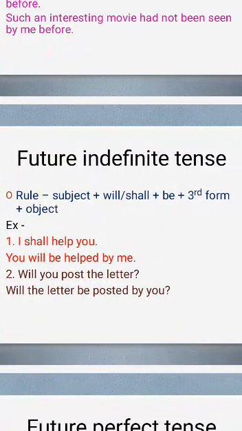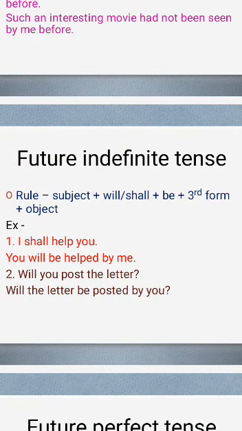In this tense, the rule is subject plus will be or shall be plus third form plus object. For example, I shall help you. When we change into passive, we write you will be helped by me.